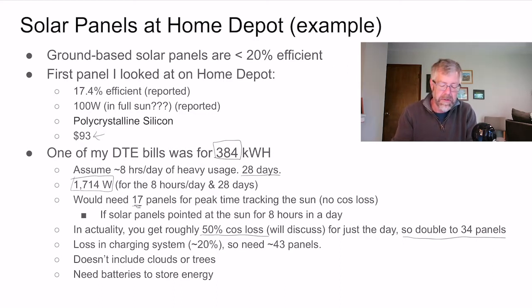Then there's also loss in the charging system, which is about 20%. So you take the 34 and add 20% to that, and you end up with about 43 panels. So if I had no clouds and no trees where I live, I would need about 43 panels, and then I could basically survive. And then I would need a bunch of batteries to actually store that energy.